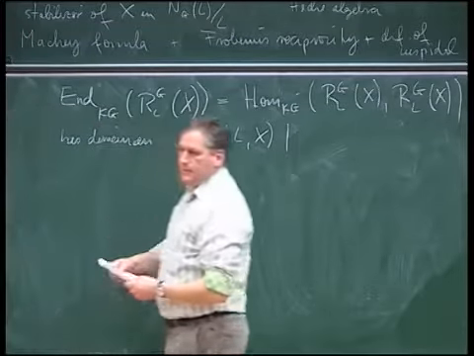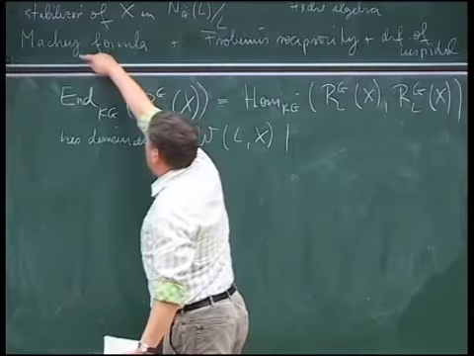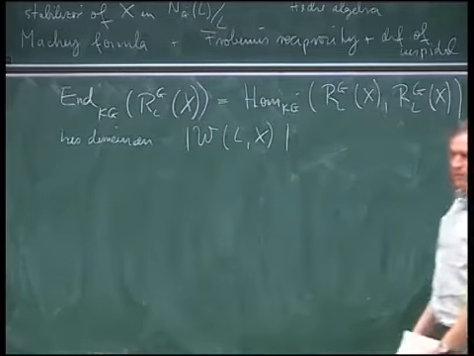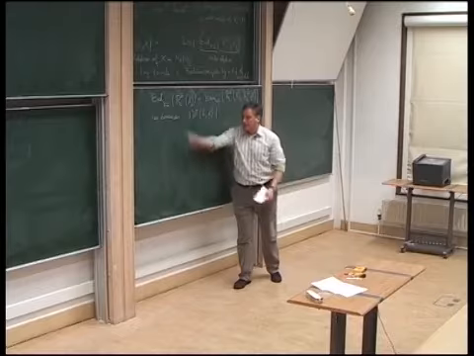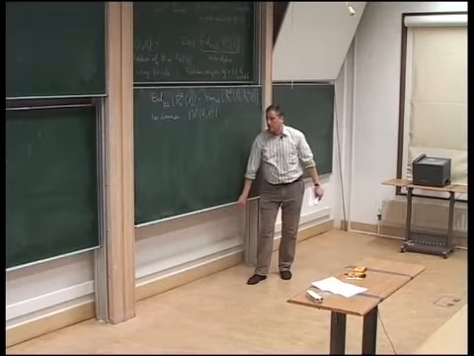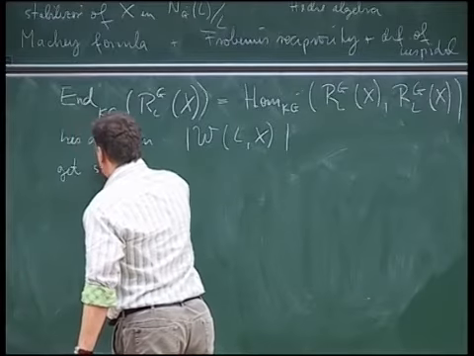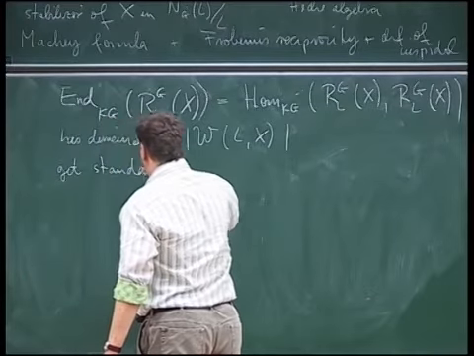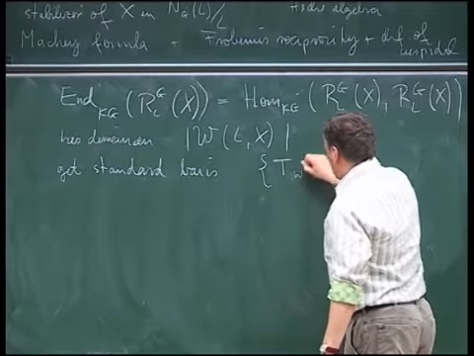In fact, already from this, if you follow all these isomorphisms involved in the Mackey formula and the Frobenius reciprocity, you actually get a standard basis indexed by the elements of W, which we will then call T_w.